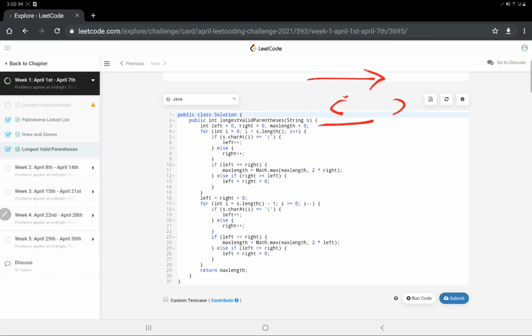Now if left is equal to right at any point, we update our max variable, which would be the maximum of the length we have previously or what we have here. I have used 2 into right because if left and right are equal, then 2 into the count of either would give me the length of the parenthesis string.